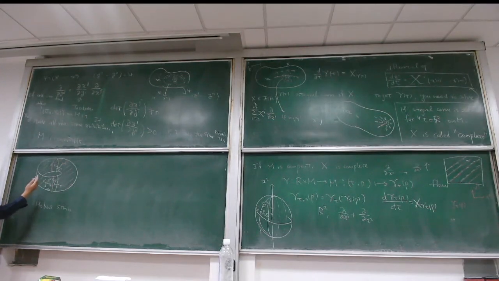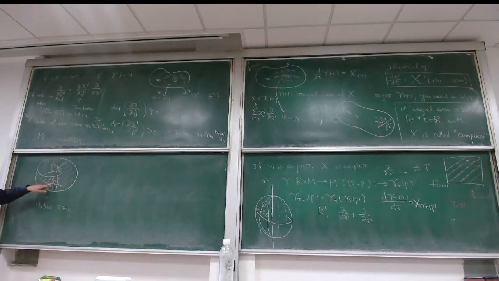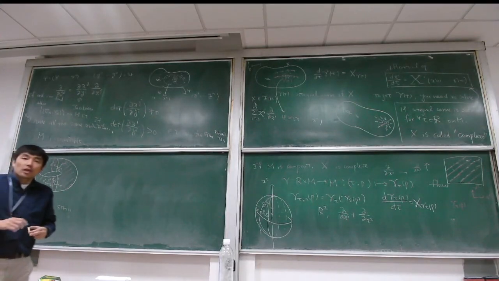So it's enough to think about only one circle. If you consider two circles, you have to consider two copies of these two open patches, with two copies of the same Jacobian. But at the end of the day, you get some negative sign. If you try to make it positive on one side, you get negative on the other side. That's what you end up with. Any other questions?